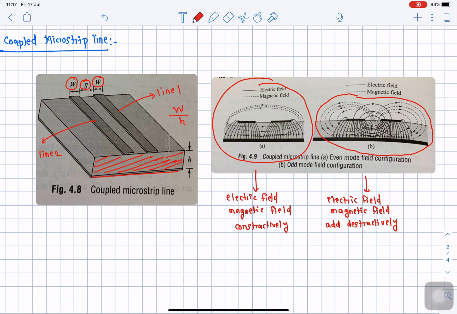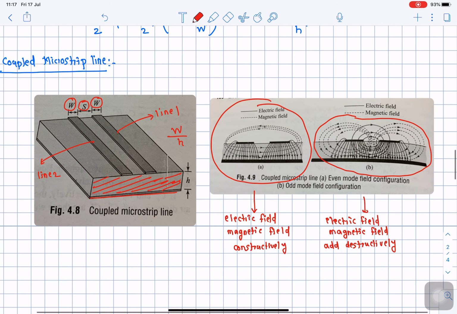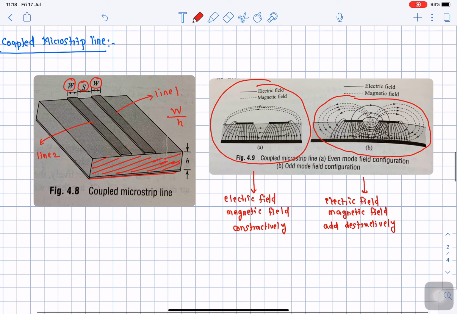So here we will restrict our explanation of coupled microstrip line to its construction and field configuration. There is no absolute need to derive the equation for the characteristic impedance of this coupled microstrip transmission line for even mode and odd mode. You need to just remember what the different modes are, what you mean by even mode and odd mode, and what the field configurations are in these two modes of coupled microstrip transmission line.